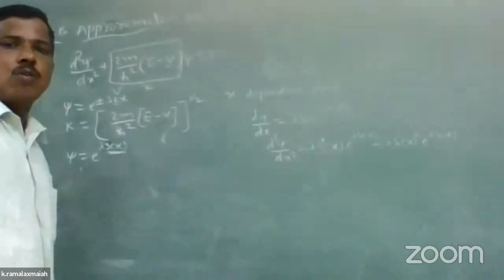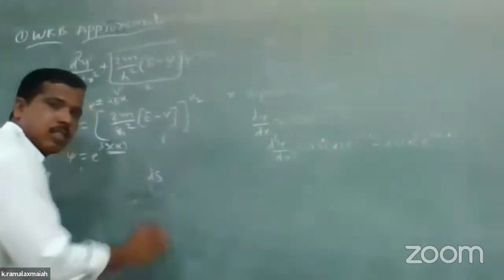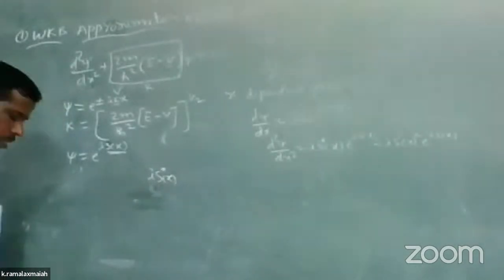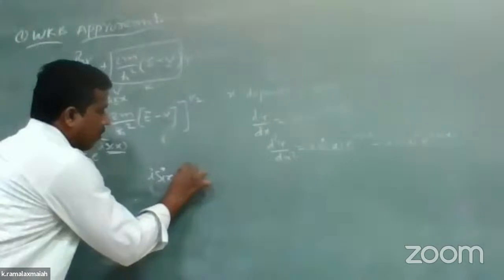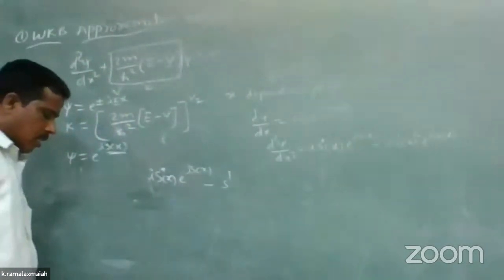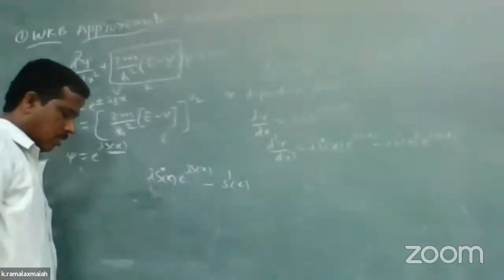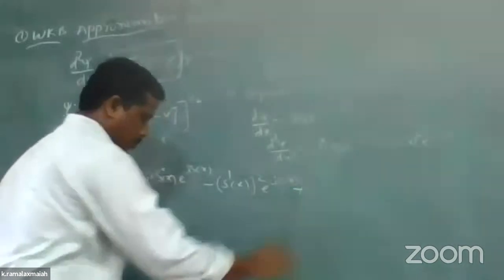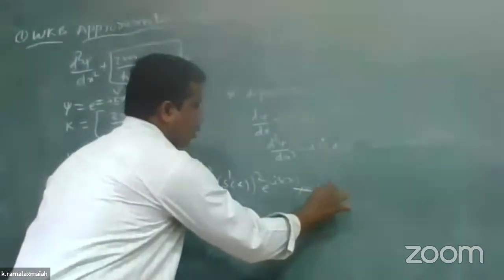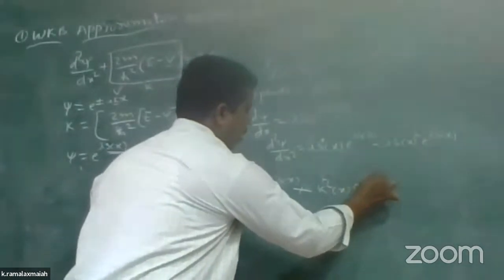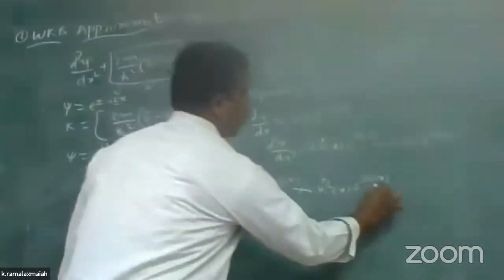So therefore we have equation 22.51: i s double dash of x e power of i s of x minus s dash of x whole square e power of i s of x plus k square of x e power of i s of x is equal to 0.